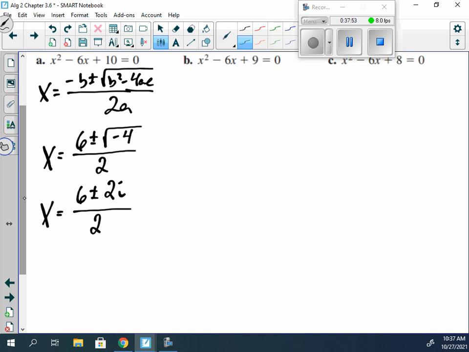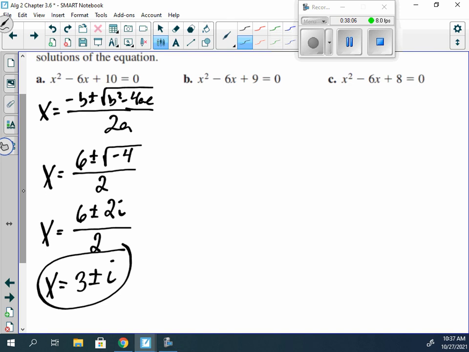Square root of 4 is 2. And if we divide both of these by 2, we get x is equal to 3 plus or minus i. Any questions on this here?